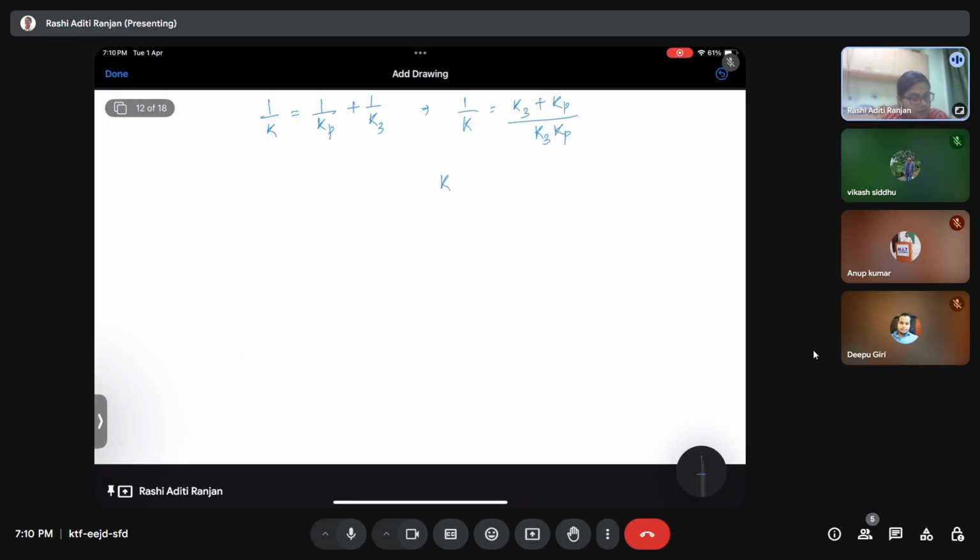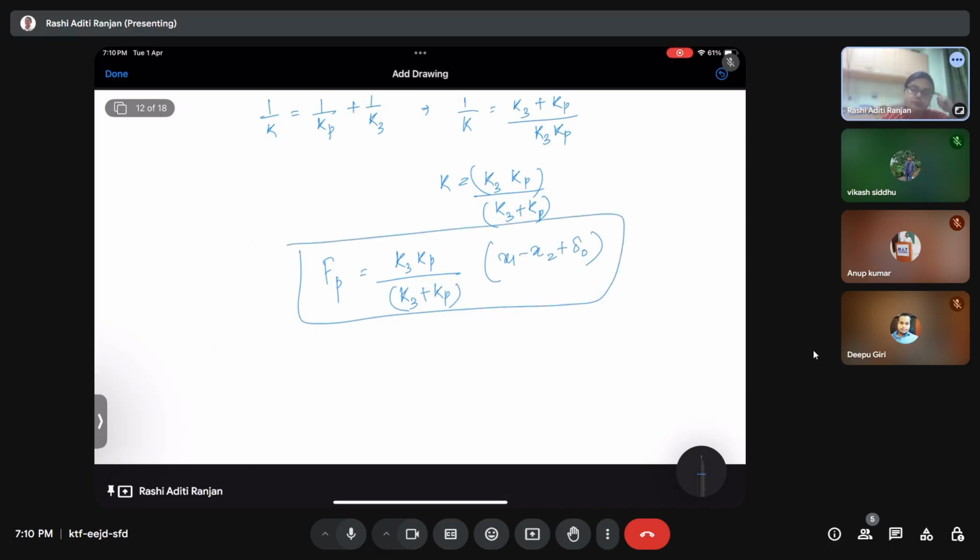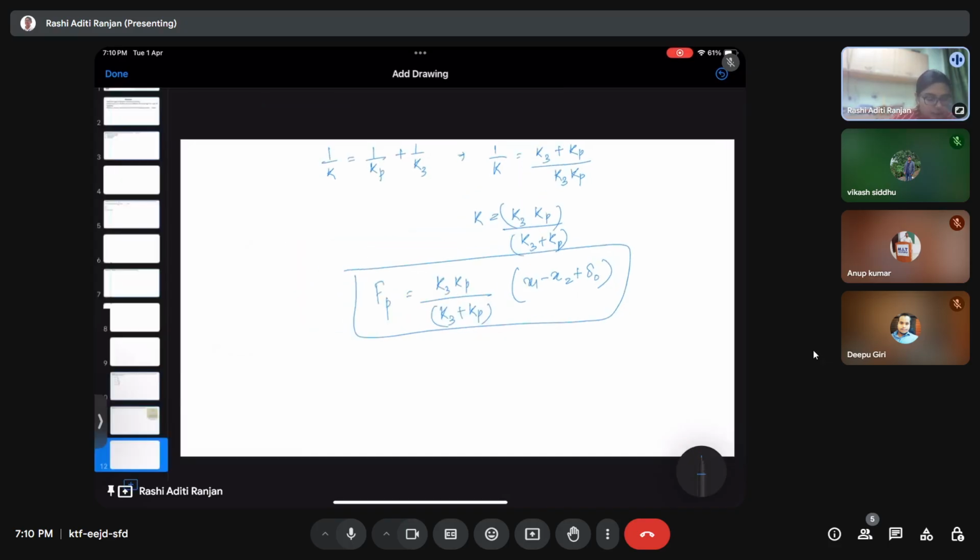So k is going to be k3 kp divided by k3 plus kp. So my force because of the piezoelectric stack is going to be k3 kp by (k3 plus kp) into (x1 minus x2 plus delta naught). I hope this is clear.